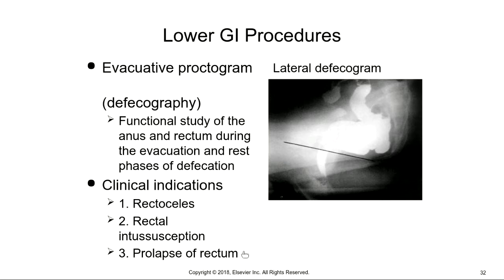And a prolapsed rectum would be when the rectum actually comes outside of the body. You might have heard of patients having prolapsed bladders. Sometimes women can get prolapsed bladders after childbirth because the muscles are so weak that the bladder literally falls out. You can also have a prolapsed rectum, and that can happen to both males and females.